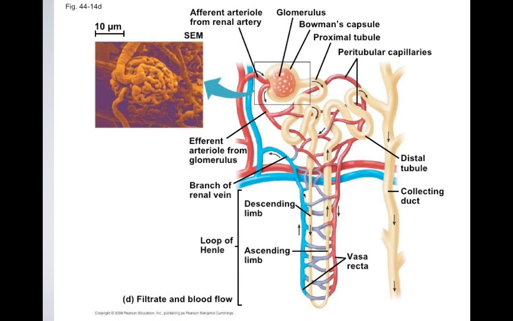The answer is that the water that's being lost from this descending limb is being removed by this blood vessel, this network of capillaries around the nephron called the vasa recta. That is, the water that leaves from here to here then goes into the blood so that it doesn't stay here and dilute the concentration gradient.